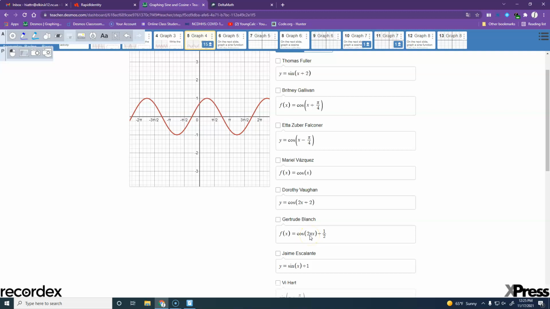Because whenever you have cosine of b times x, it is 2 pi over b that is supposed to give us the period. So the number right here is what we're dividing by, not the actual period there.